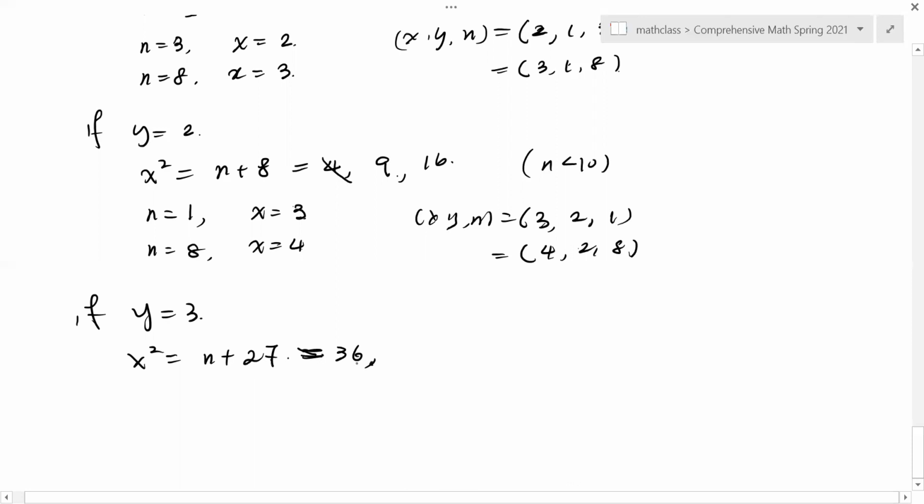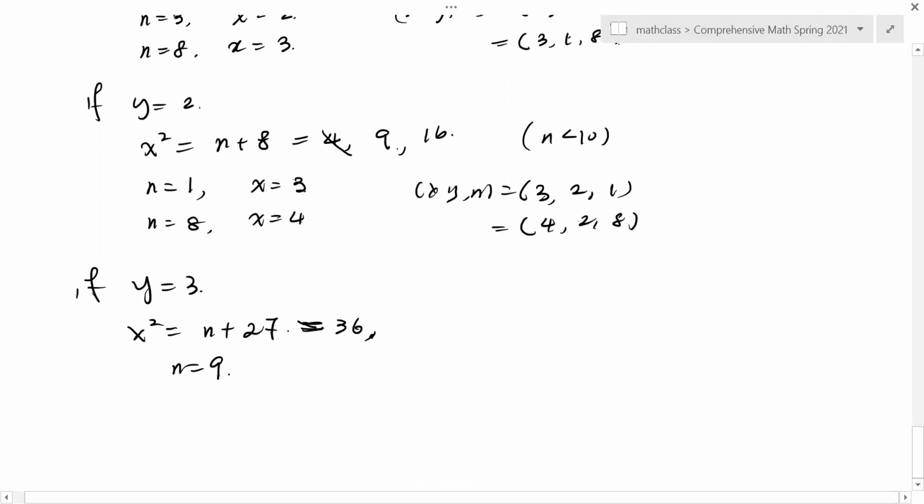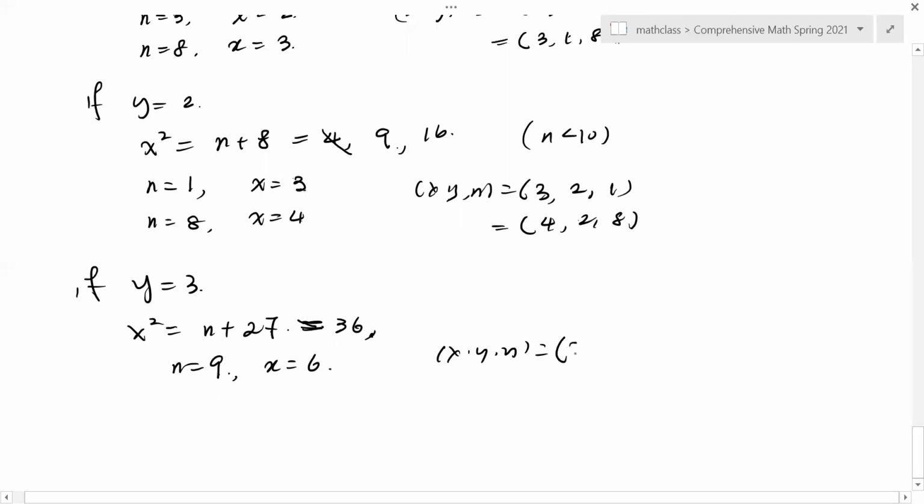So there's only one solution here, when n equals 9, you get 36. So in this case, x is going to be 6. So there's only one solution here: 6, 3, and 9.